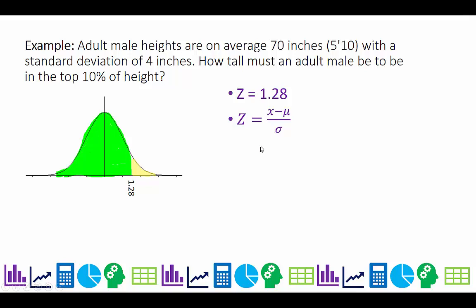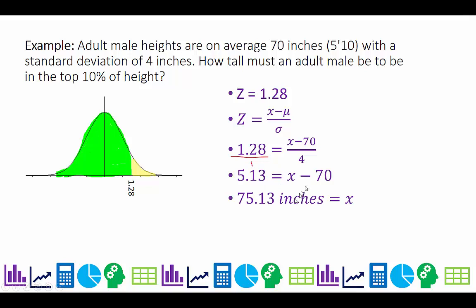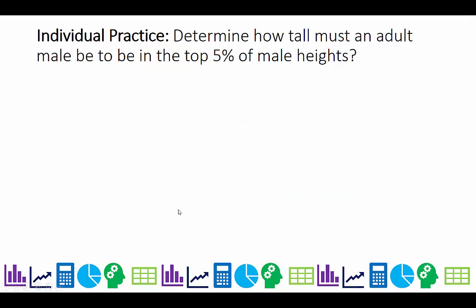Substituting in, we know the z-score is 1.28, mu, the average, is 70, and the standard deviation is 4. We can cross multiply. 4 times 1.28 is 5.13. Add 70 to both sides, and you get 75.13 inches is how tall the person should be.